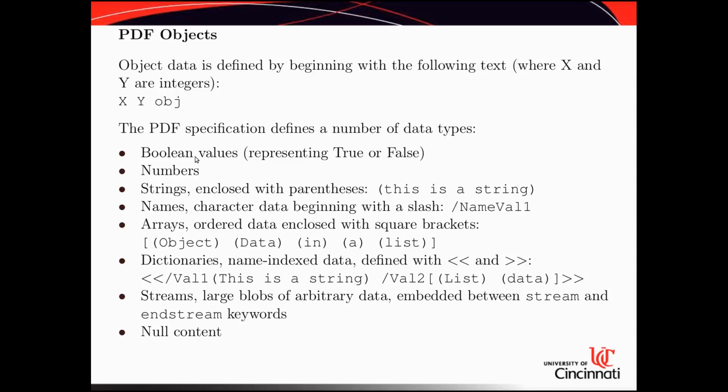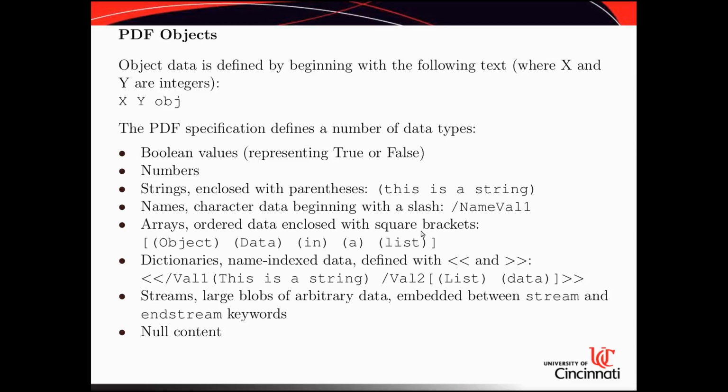So you can have Boolean values, numbers, strings. I have some examples of how these things are supposed to be represented inside of the document using the syntax. For instance, strings is an interesting one. They represent strings by putting parentheses around them rather than the quotation marks that you're familiar with.